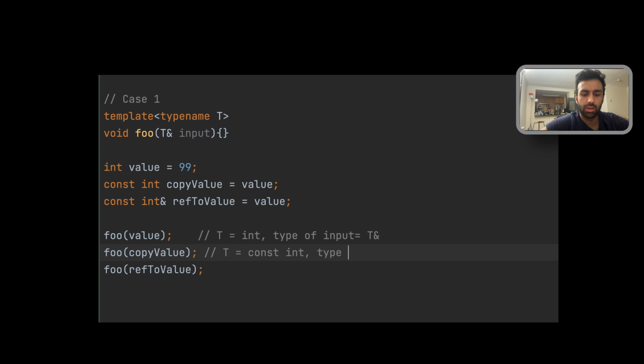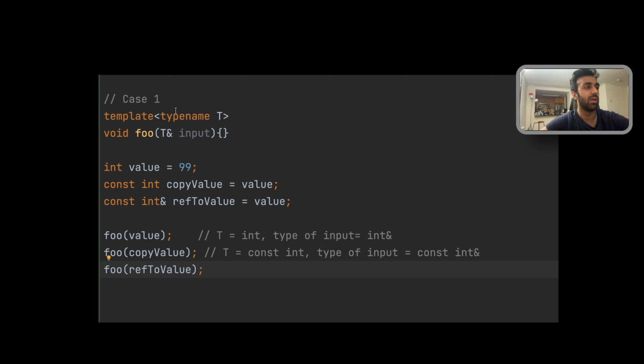And the type of input, since copy value is constant, will be const int reference. Now everything looks the way it is, and I think most of the people watching this will be with me till now.